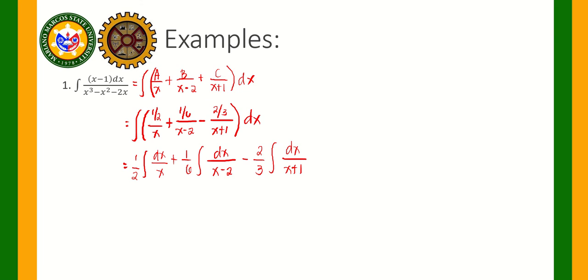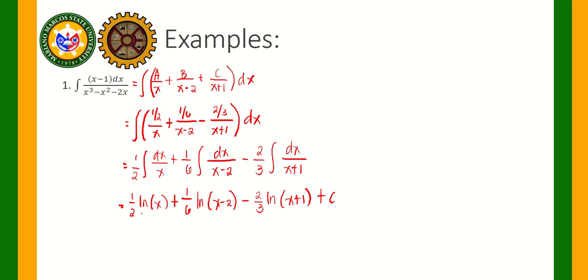And then we can separately integrate. So, this will be equal to 1 half, what is the integral of dx over x? That is ln of x, and then plus 1 over 6, the integral of dx over x minus 2, that is ln of x minus 2, and then minus 2 over 3, ln of x plus 1. And then si plus c natin.